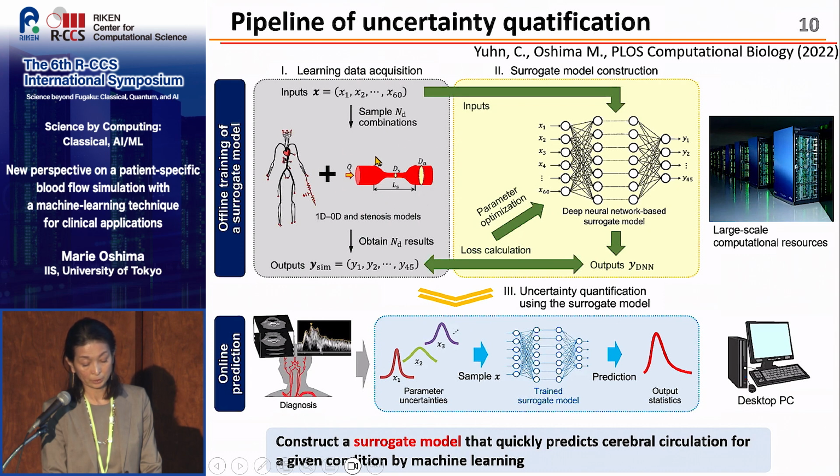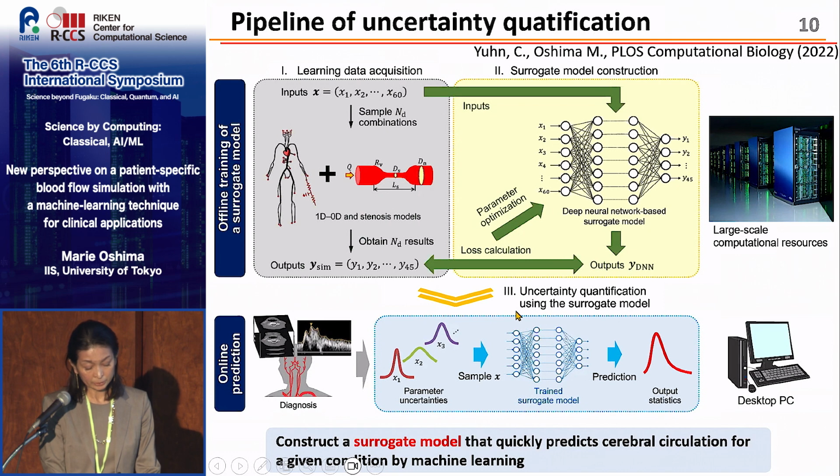So this is the empirical simulation model. And once we have the learning data, we use this neural network for training.